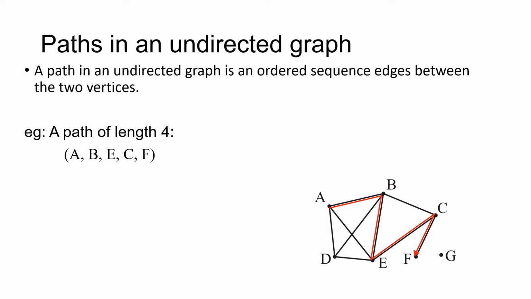It is nothing but the ordered sequence of edges existing between vertex A and vertex F. The length of the path is 4 because we have 4 edges between A and F, which are AB, BE, EC and CF.